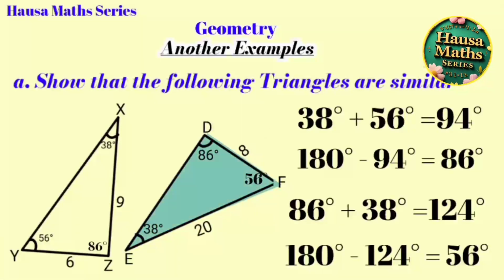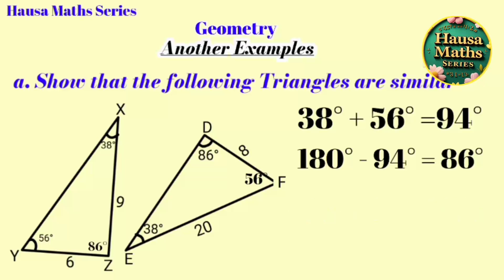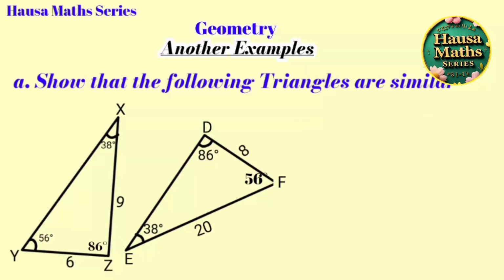So now let's take XYZ, which has 38 degrees, 56 degrees and 86 degrees. Also, triangle DEF has 86 degrees, 38 degrees and 56 degrees.